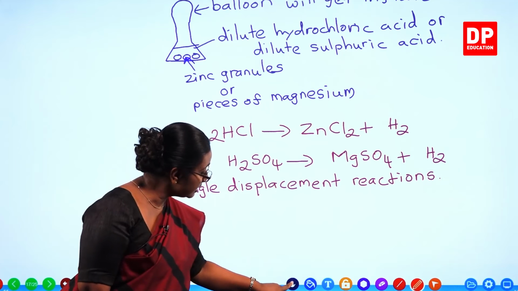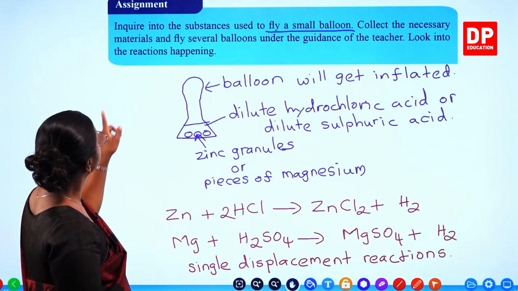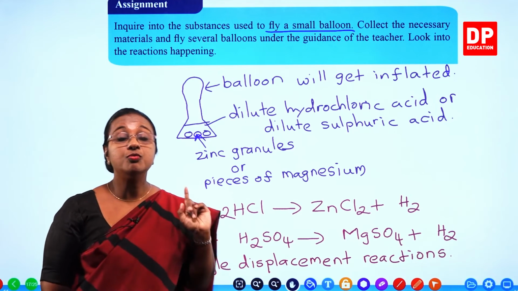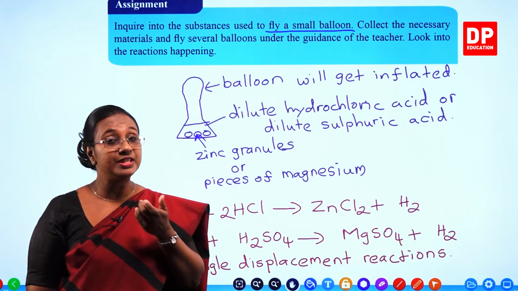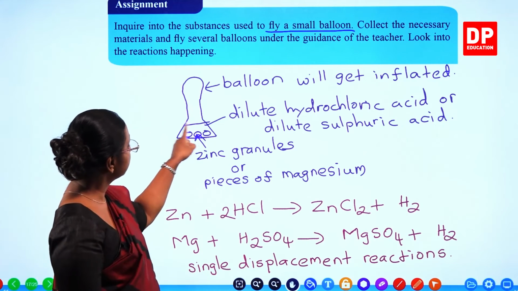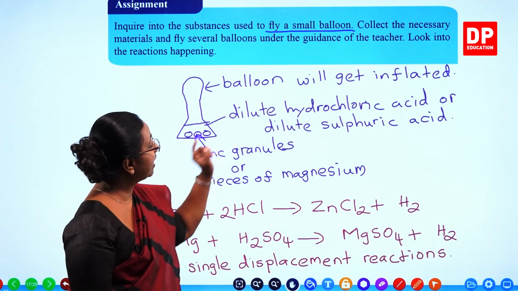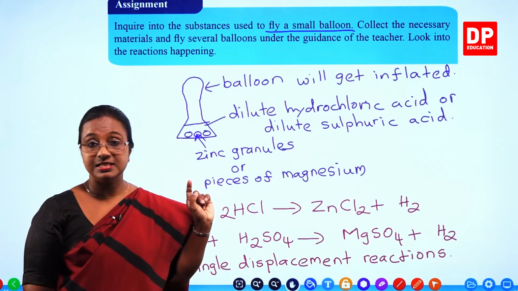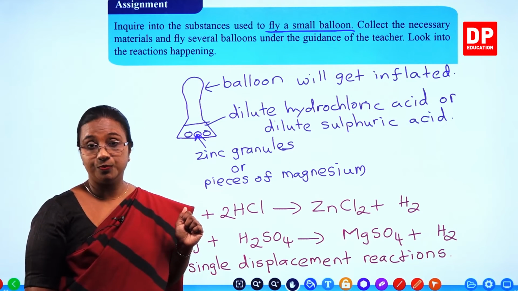Now, this is something that we can do in the lab. Like this, if you want to do the same activity, if you want to fly small balloons in your household, instead of this zinc granule or the metal, and the dilute acid solution, you can find substances at home.